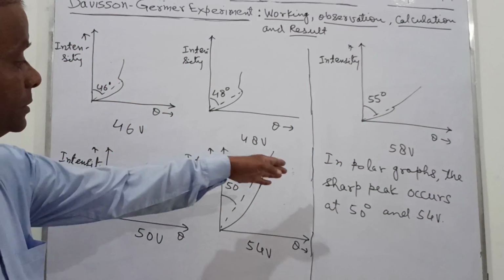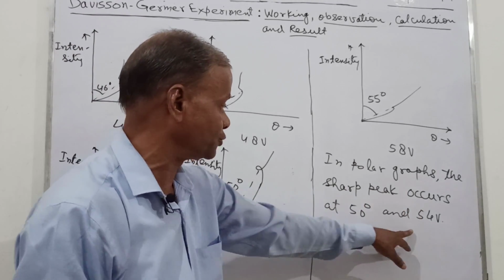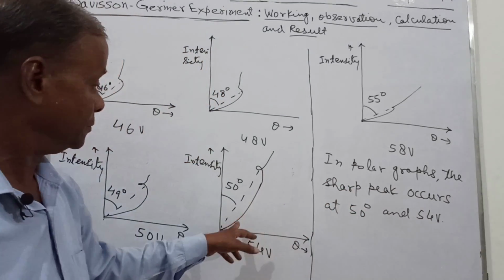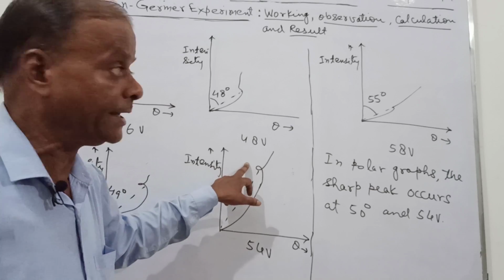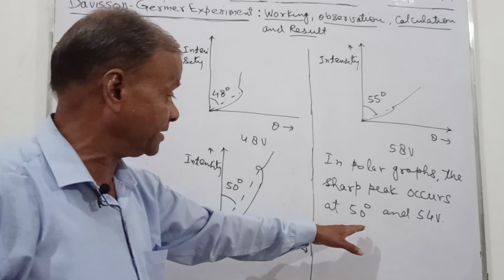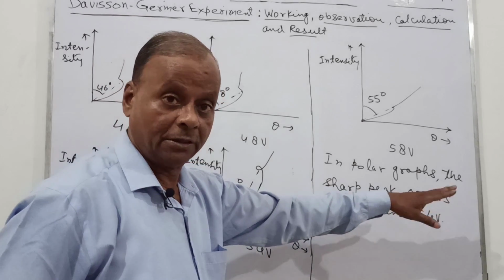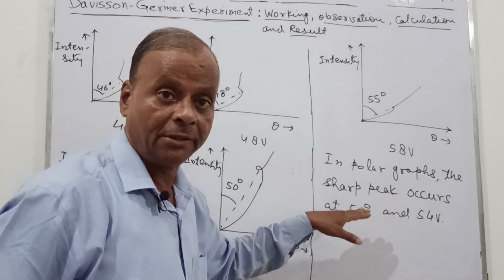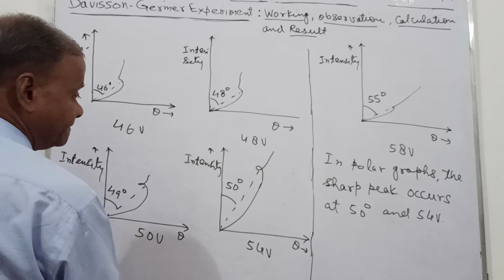This is our observation, that for so much angle and so much accelerating voltage the peaks are maximum, and for any other angle the peak is not so high. Because of that we find that the diffraction is maximum when the beam is accelerated with 54 volt and diffraction takes place at 50 degree.